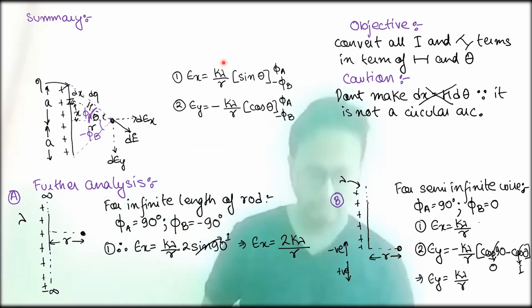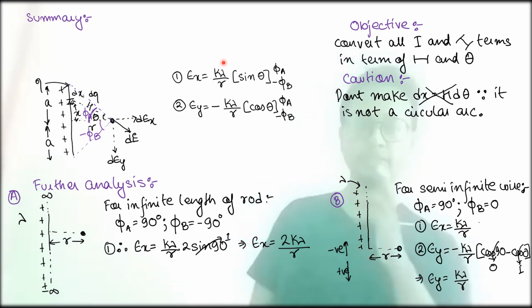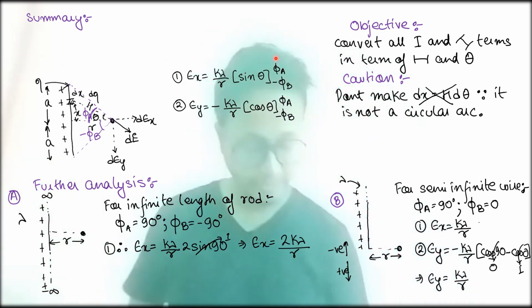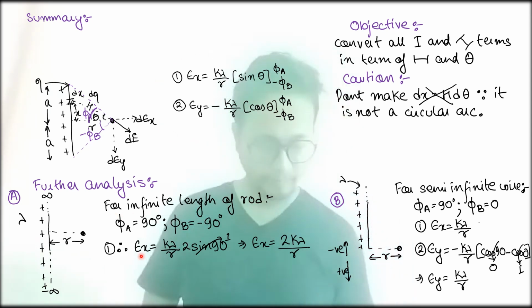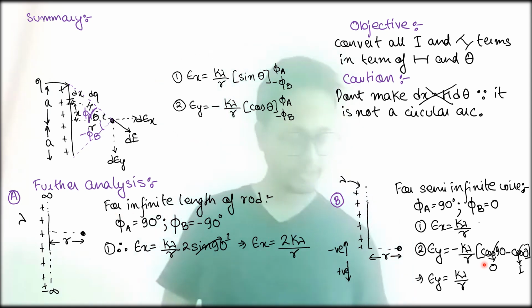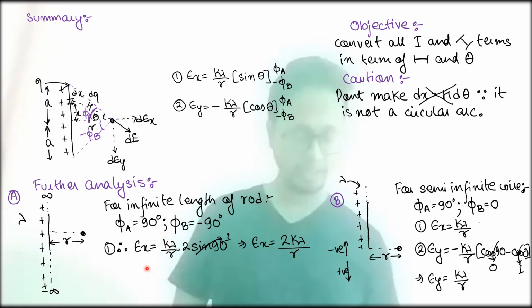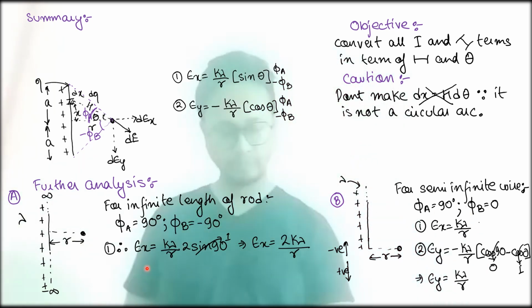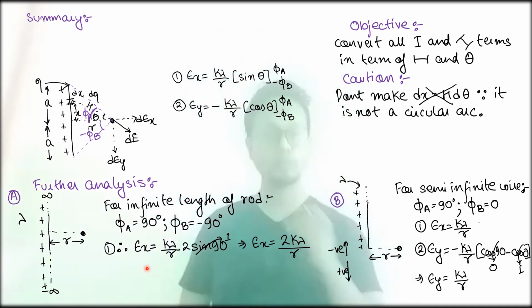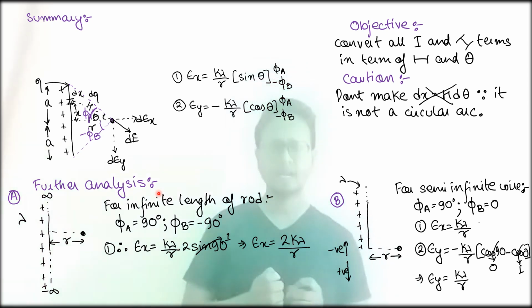Understood? The two main important formulas that you have to remember out here are this formula and this formula. And the special cases of these formulas are for an infinite rod, and this one for a semi-infinite rod. Understood? Fair and fine. So sometimes in a question, instead of giving infinite length of rod, it is given as a very long rod.